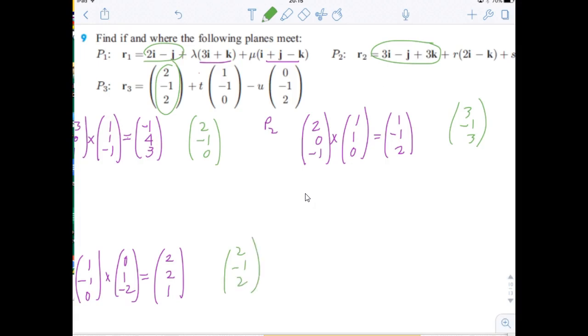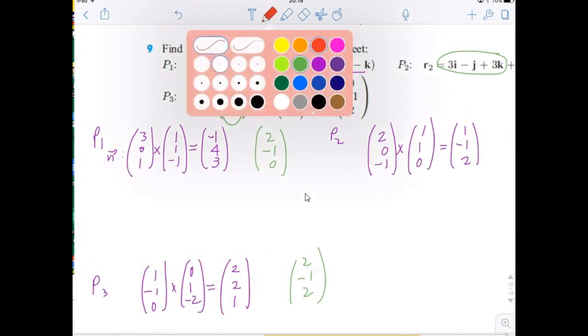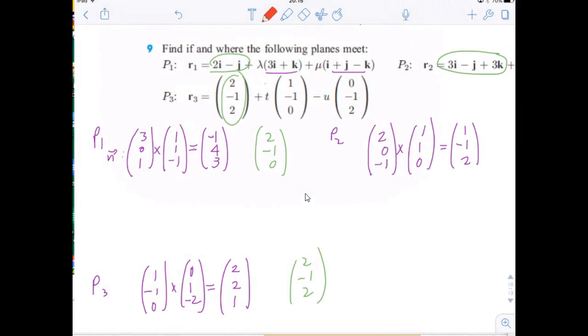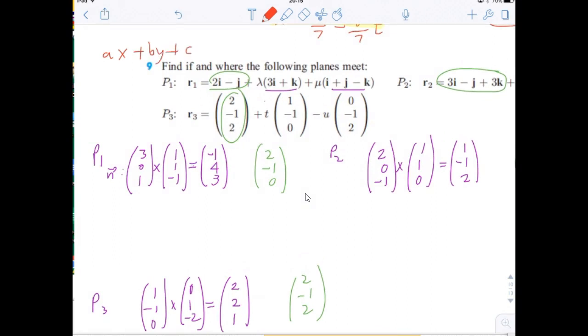Okay, what am I going to do with these two vectors, the position vector and the normal vector? Okay, so let me show you what you're going to do. You are going to make it into the equation ax plus by plus cz equals ax1 plus by1 plus cz1. Okay?